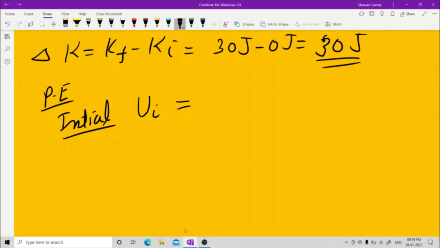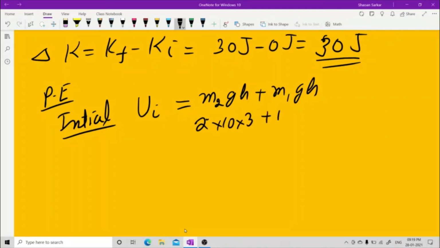Let me write the formula first: m2 g h plus m1 g h. M2 is 2 kg, g is 10, h is 3, and m1 is 1 kg, with 0 height because it is on the ground. So this is 60 joules.